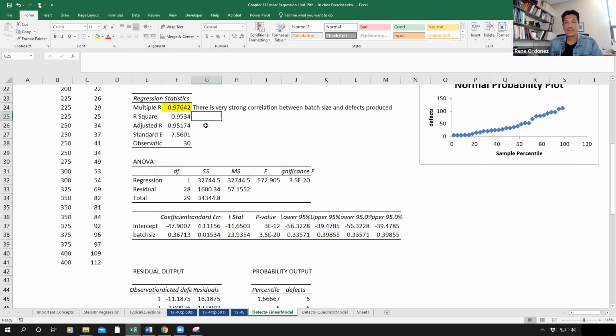Right? That's an interpretation of that number. How about the R squared value? Let's convert that into percent. So we would say that 95.3% of the variation in defects can be explained by batch size.